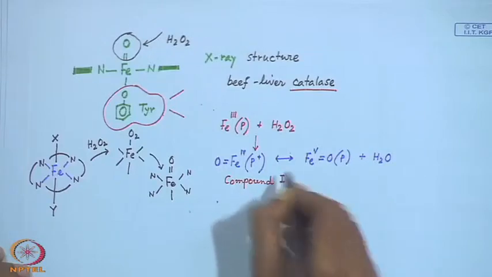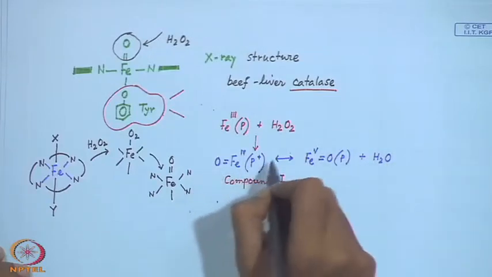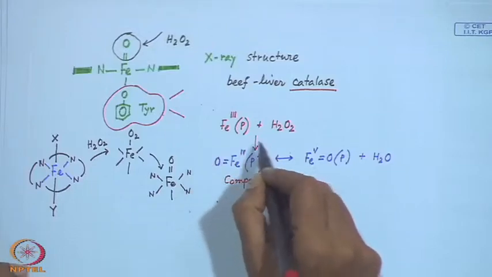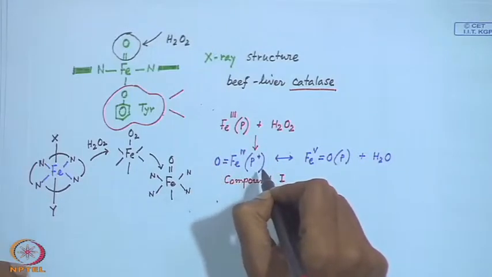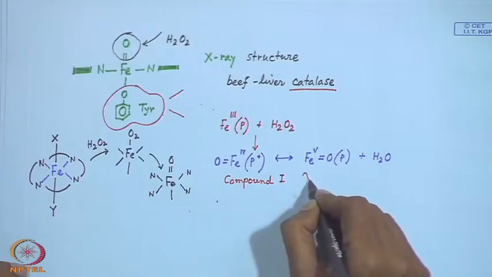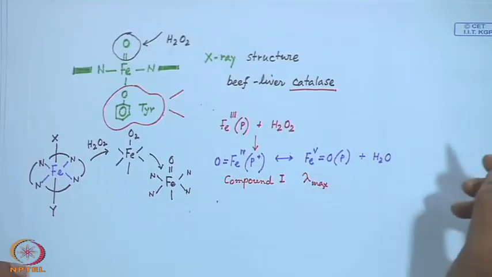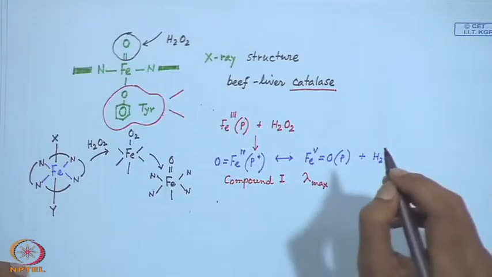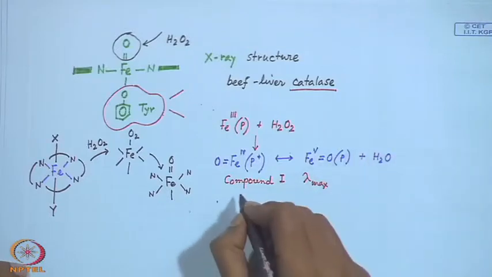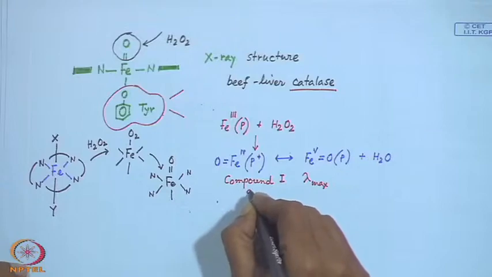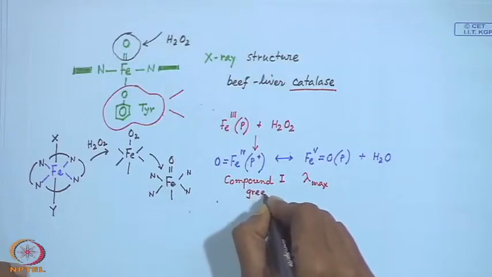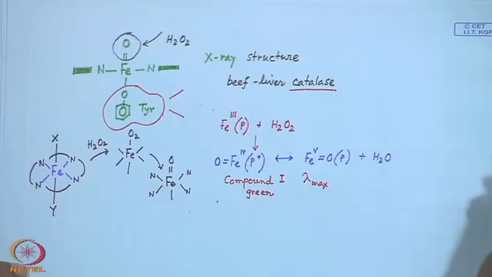Why are we labeling it? Because we should characterize it nicely for its different solution properties. That means, what are its corresponding lambda max values, and immediately what we should know is its corresponding color. There is a change, because for all the porphyrins we know the basic ligand color is purple.